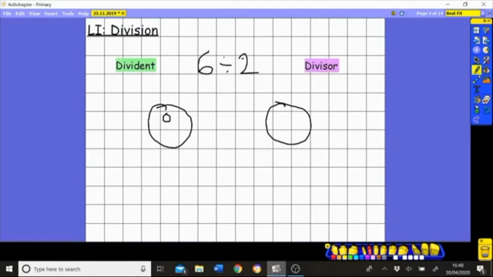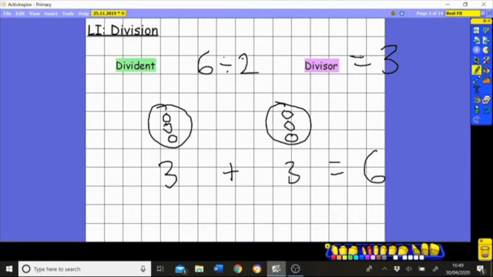So I'll go 1, 2, 3, 4, 5, 6. Now we can see that we've got 3 in each group. 3 add 3 equals 6.